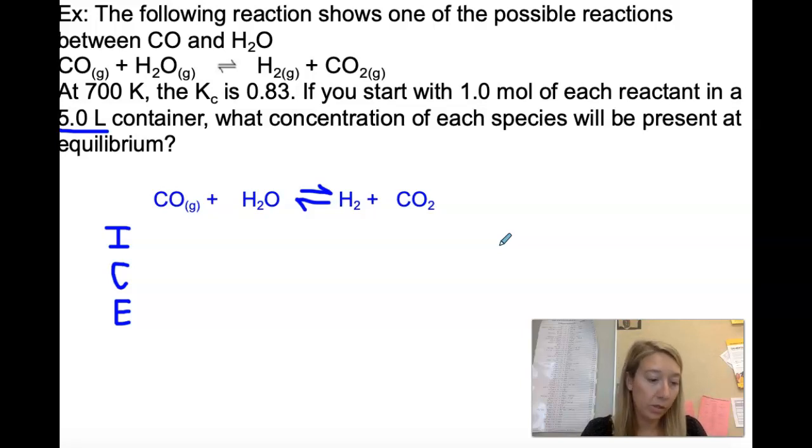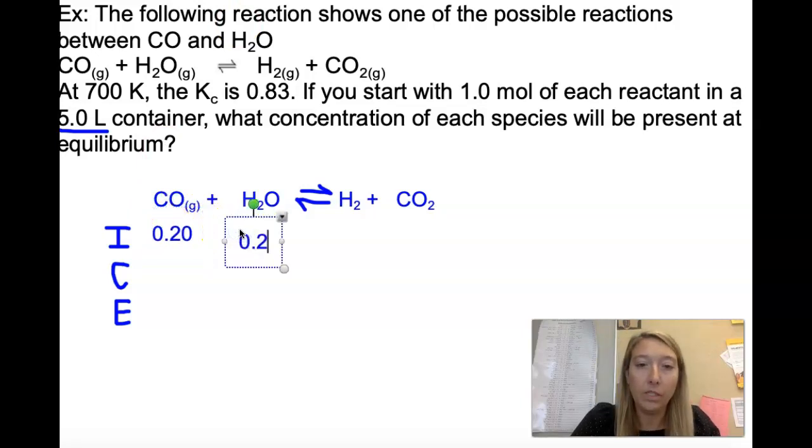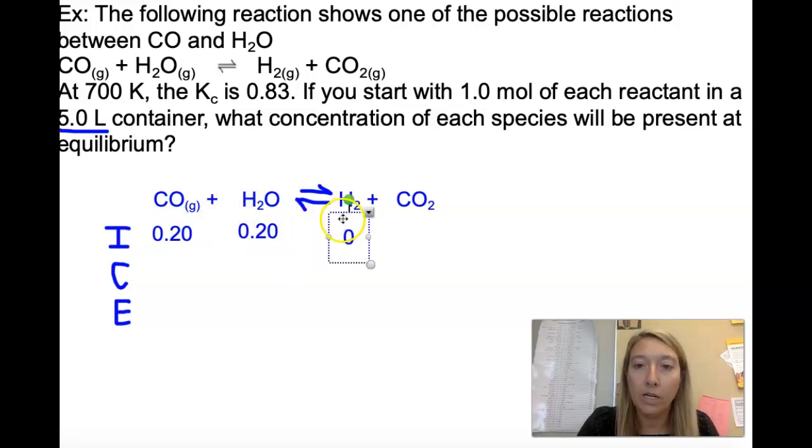So we have to do moles divided by liters. So 1 divided by 5 so that we can get the initial concentration of these two. Okay, so they wind up being 0.20. 0.20. Okay, again, we're not given any info for our products, so safe to assume they are 0.